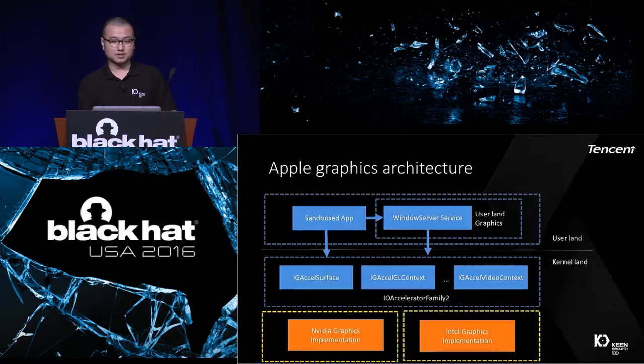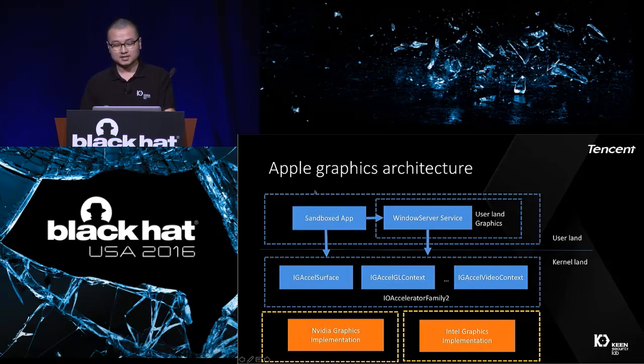Apple Graphics actually contains 2 parts, userland and kernel land. For a sandboxed app, you usually call some IPC interface to the WindowServer service, which is a daemon. The WindowServer daemon will then call IOKit, in the IOAccelerator family class.